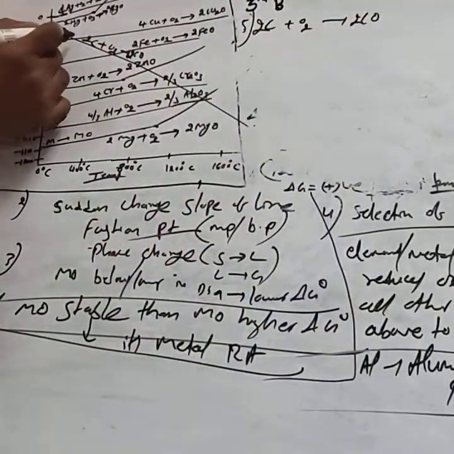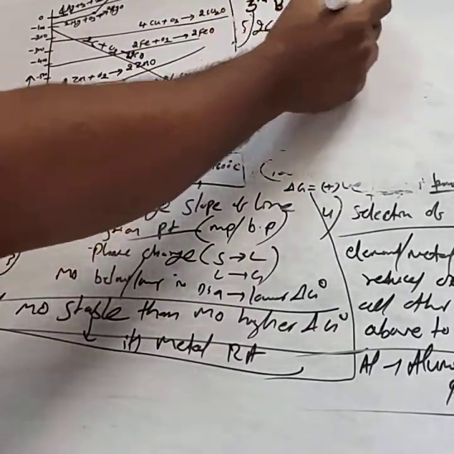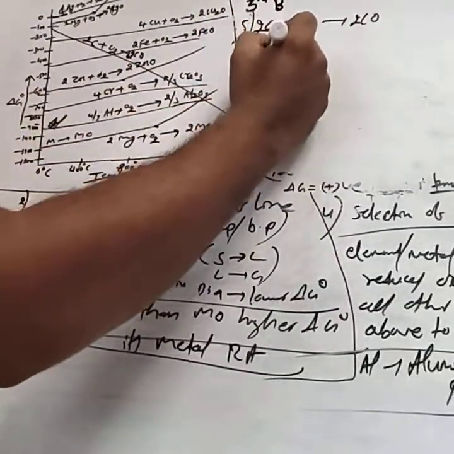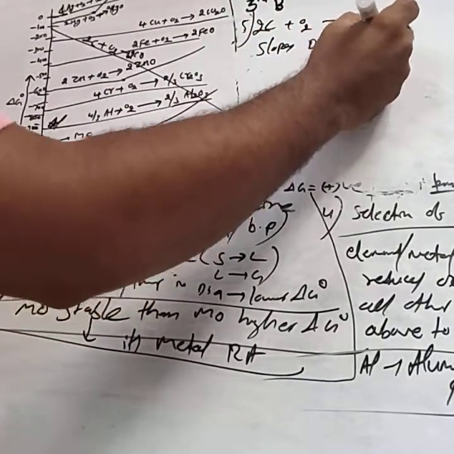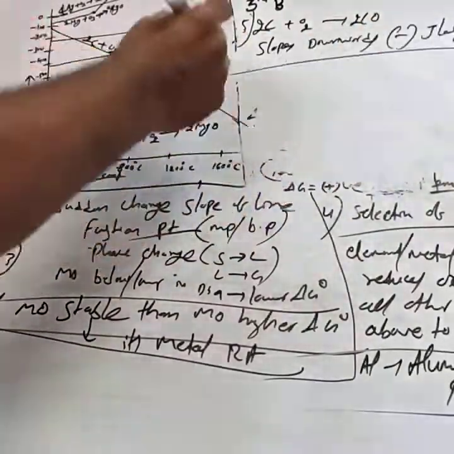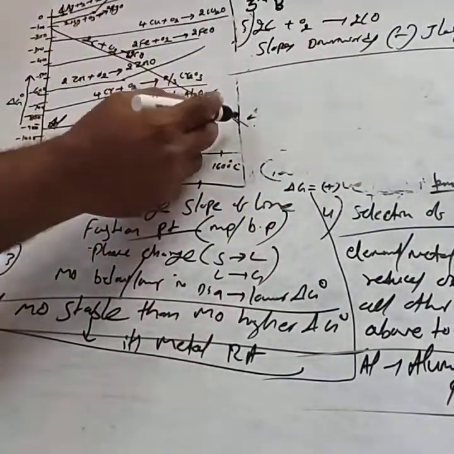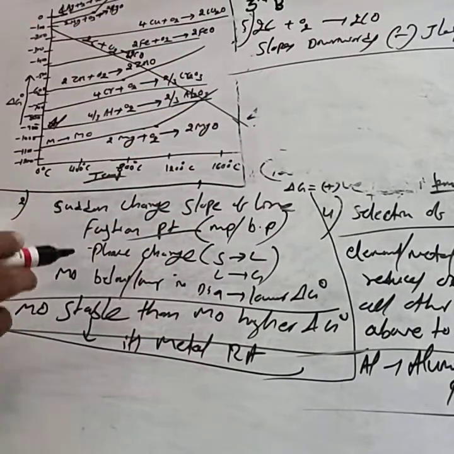C is oxidized to CO. This is the line C to CO. When carbon oxidizes to CO, it slopes downwards. It has a negative slope. Only C to CO has a negative slope. For all the remaining metal oxides, they have a positive slope.